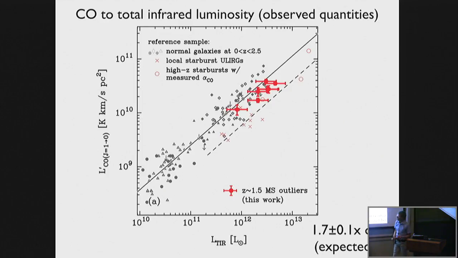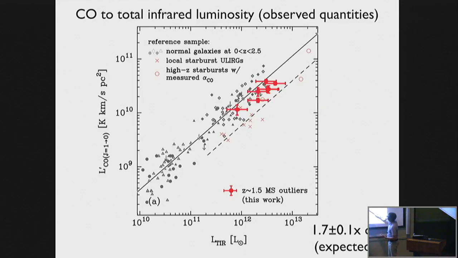Without any gas mass, we can just look at observables. So this is now total infrared luminosity versus the luminosity in CO. Galaxies that fall along your Schmidt-Kennicutt relation would fall along this relation.